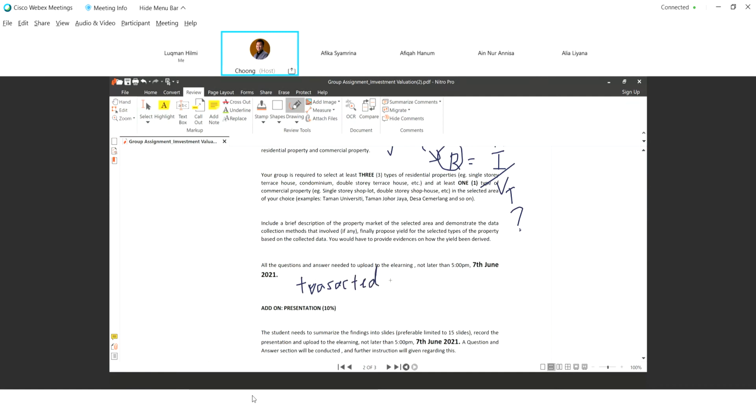Kalau boleh kita nak transact the price. Yang ni sebenarnya boleh dapat daripada JPPH ataupun daripada NAPRED. Tapi kalau untuk dapatkan yang ni perlu bayar. So, saya rasa tak perlu for you to understanding.